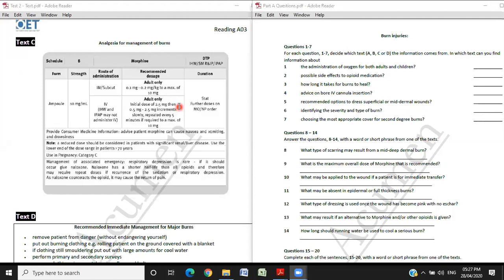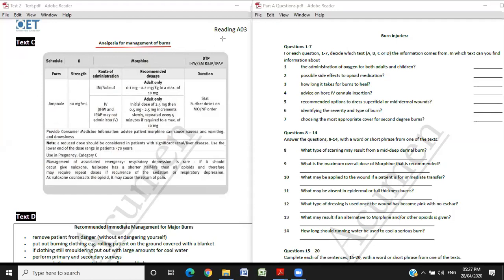Now see, again here you have a table. Again it seems to be dense. But what does it look like? Have you seen something similar in your workplace? This kind of document, have you seen it in your workplace? What is it?